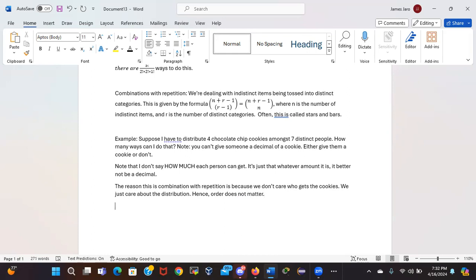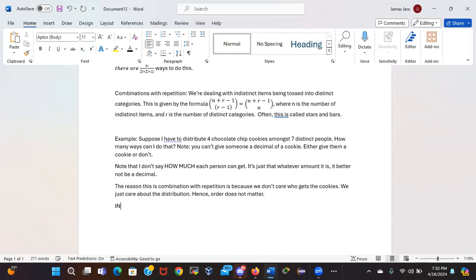In a normal combination, we're not telling how many cookies each person gets. It's assumed that each cookie is a given, like we don't know how many cookies each person gets.